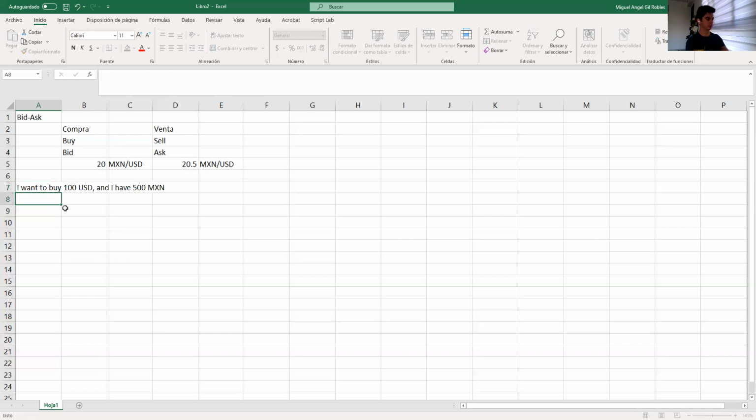I want to buy dollars and I have 500 pesos. Okay, sorry, I'm just very confused. This makes much more sense.